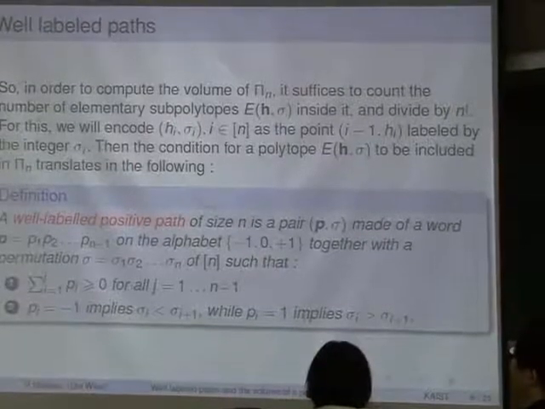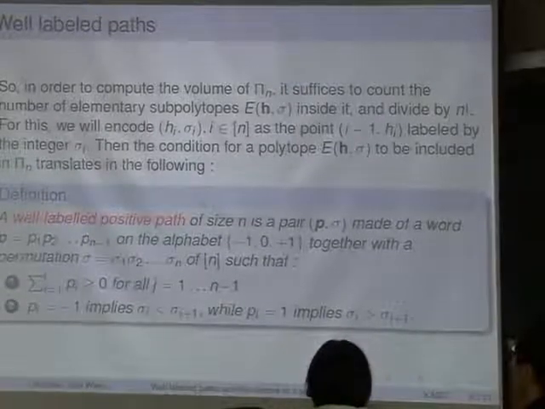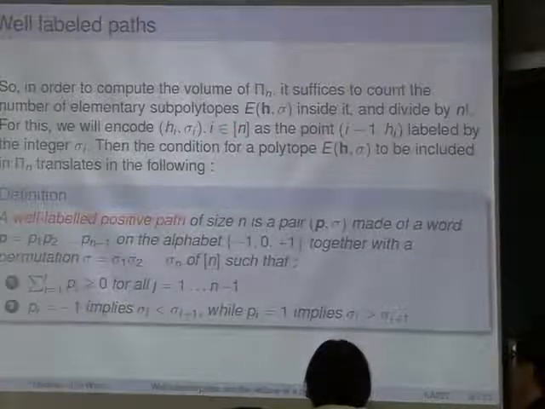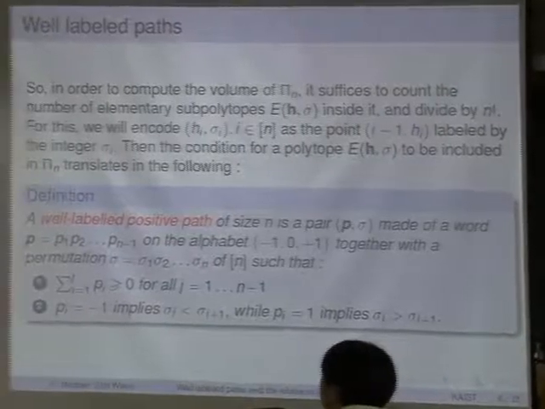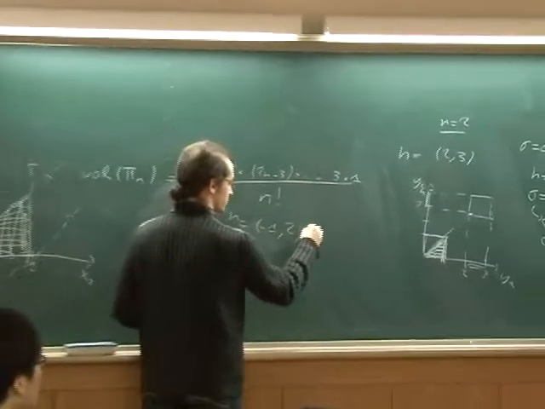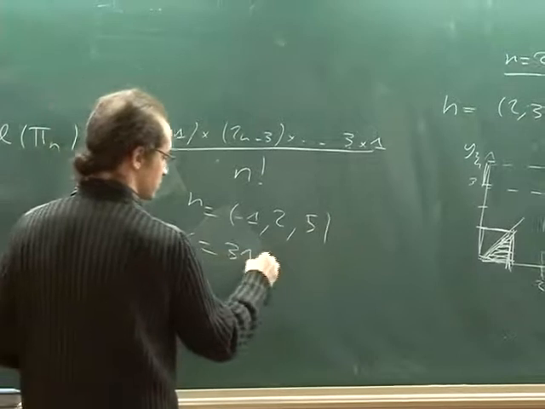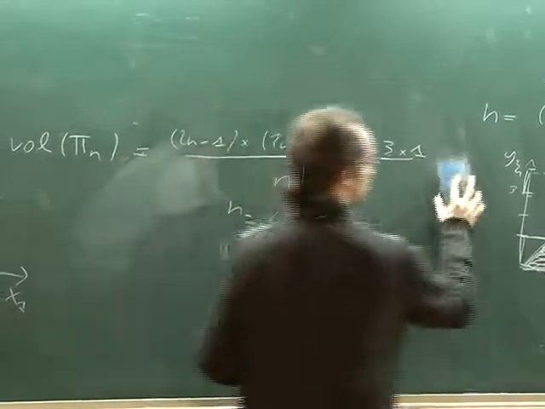You take all the pairs (H_i, sigma_i), coordinate by coordinate, and you represent them as points (i minus 1, H_i). So if I take any H and any sigma, say H equals 1, 2, 5, and sigma equals 3, 1, 2, I will have, okay.